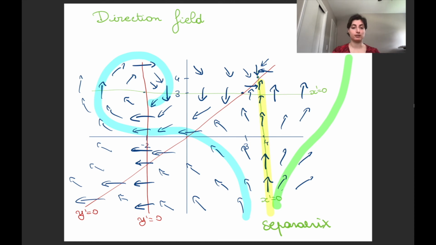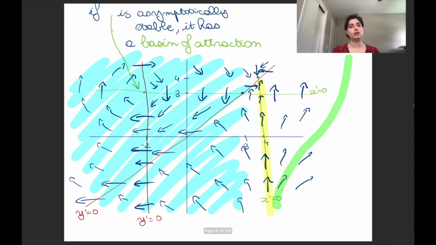Separatrices are really interesting to find, but also really hard to find, because they give us an understanding of where the distinction is between some type of behavior and some other type of behavior. We can also talk a little bit more about basin of attraction.